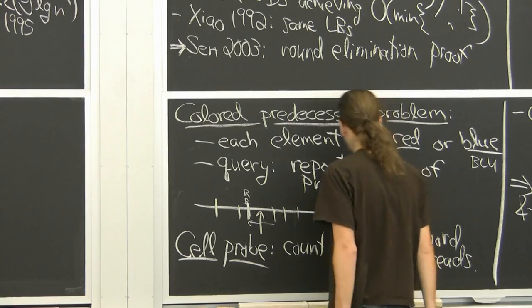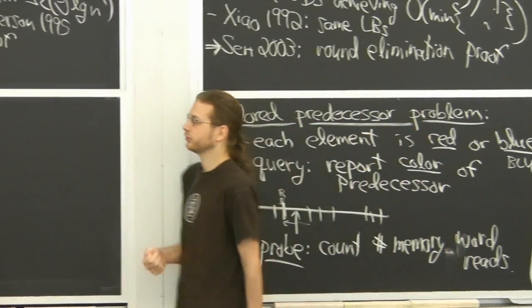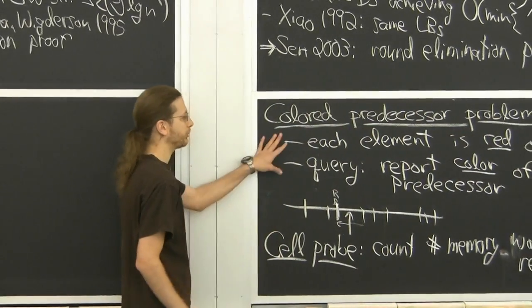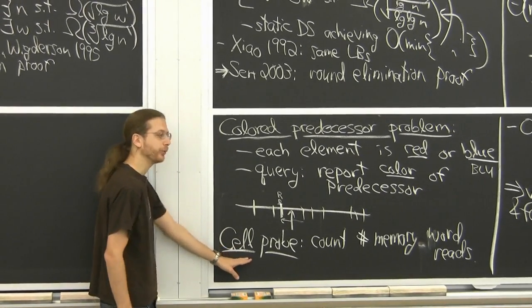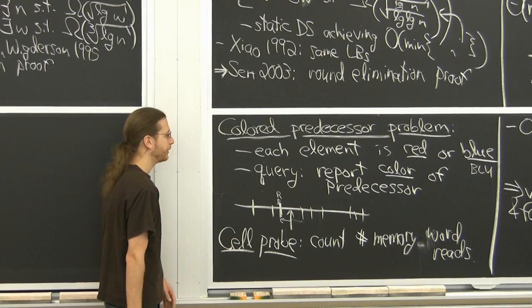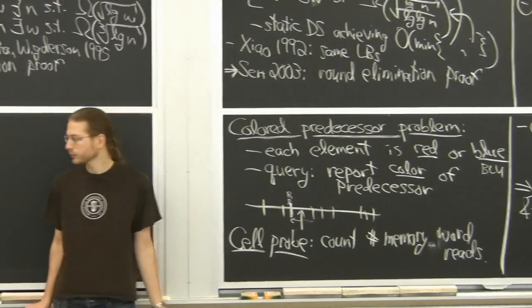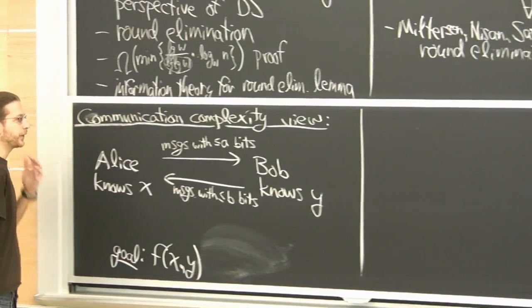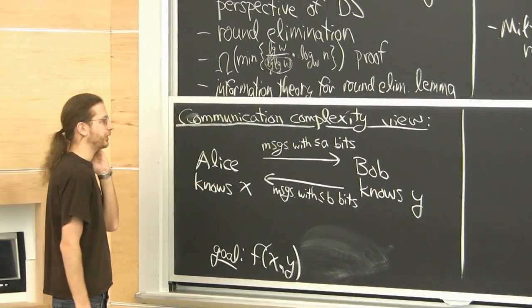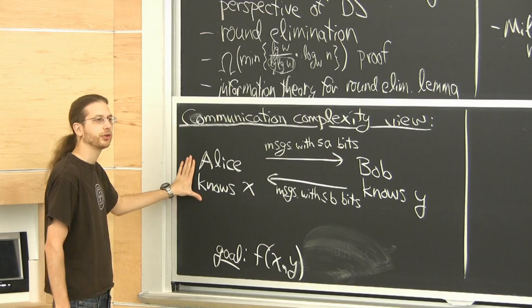We want to know how many words of the data structure we need to read in order to answer a colored predecessor query. If we can prove a lower bound on this, of course it implies a lower bound on the word RAM, or pick your favorite model that works with words, transdichotomous RAM, whatever.